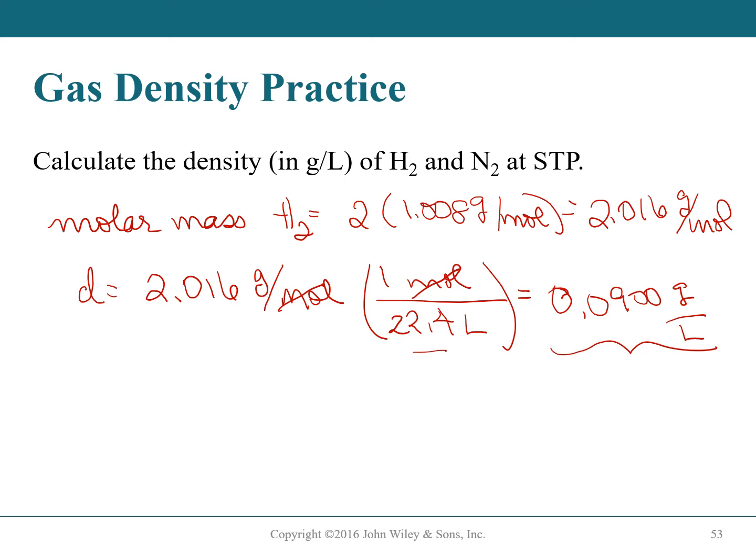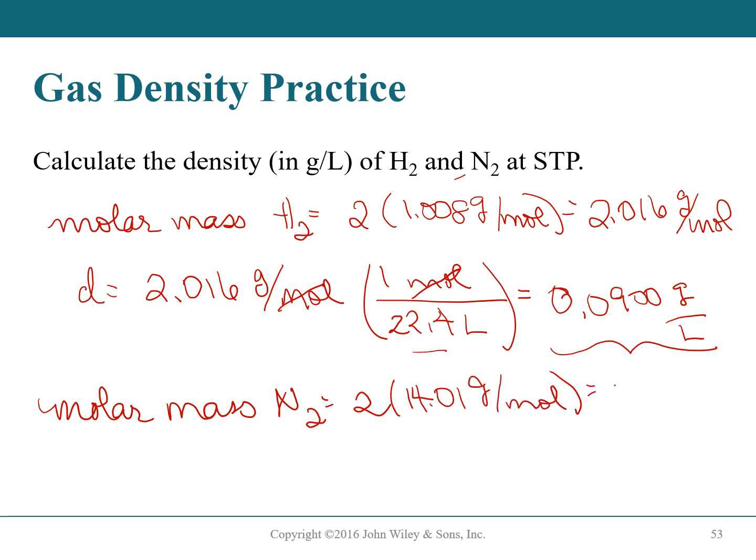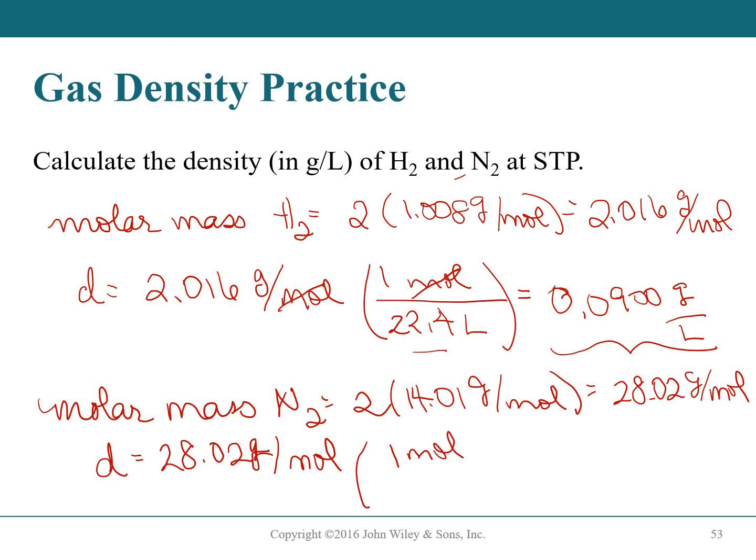What about nitrogen? So in nitrogen, the molar mass of nitrogen is equal to 2 times 14.01 grams per mole. So I get 28.02 grams per mole for the nitrogen gas. The density, that's a G, 1 mole for every 22.4 liters.